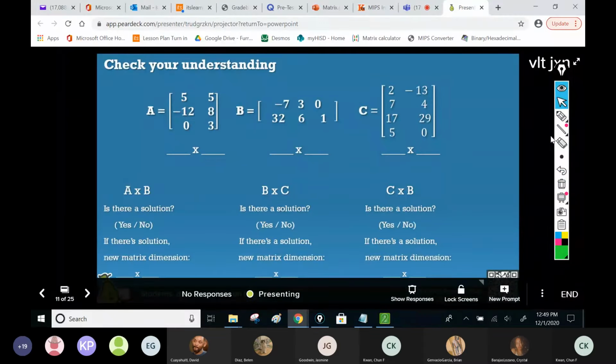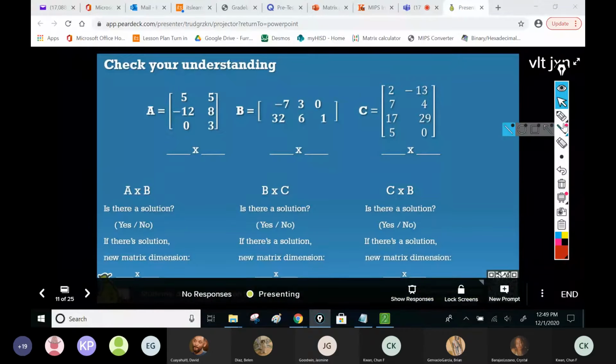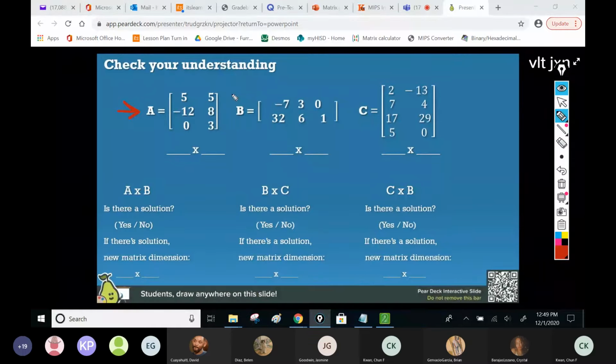All right, let's give this one a try. I want to check what you have learned so far, so a really quick 10 minutes, let's see what you've learned. Check your understanding. Tell me the dimensions of matrices A, B, and C. Then for matrix A times matrix B, tell me if there's a solution, and if there is, tell me the new matrix dimension.